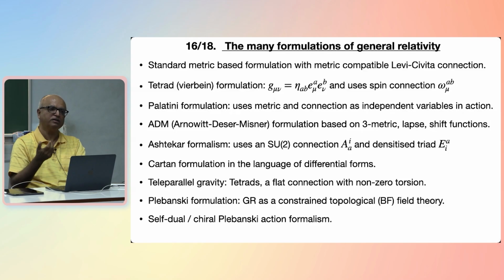General relativity has zero torsion and non-zero curvature, but in the teleparallel formulation of general relativity, called TEGR, teleparallel equivalent general relativity, you have a flat connection, the Riemann curvature tensor is 0, but the torsion is non-zero. So this is very interesting. You can formulate general relativity using torsion instead of curvature, or curvature instead of torsion. Both are equivalent.